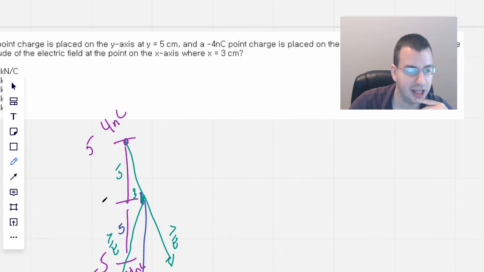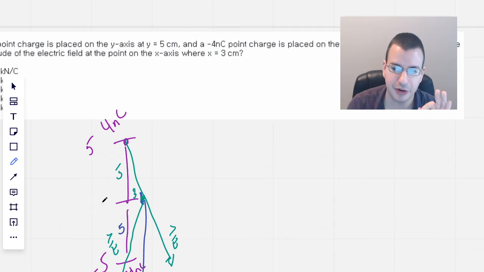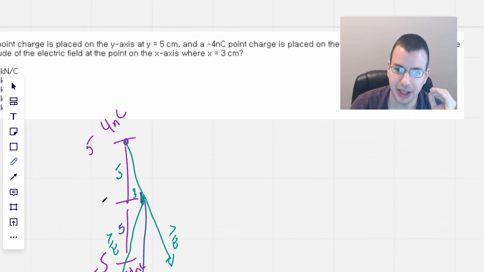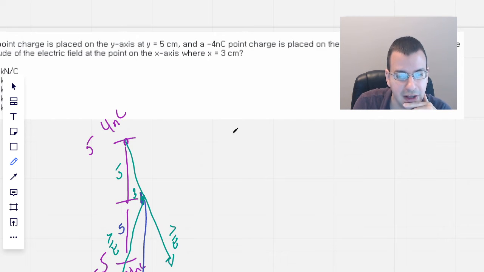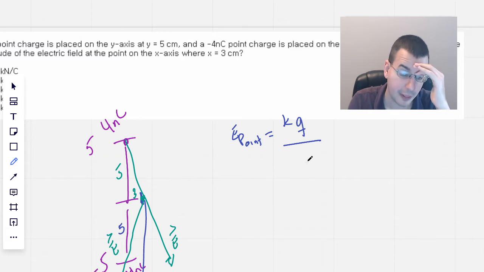The big thing with electric field as opposed to electric potential is they're vectors. So the equation for the electric field of a point charge is kq over r squared. There's just one q because there's just an electric field.